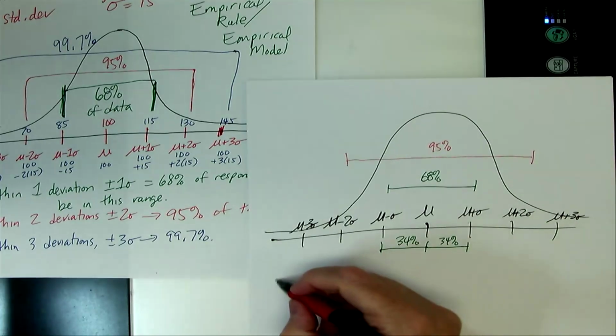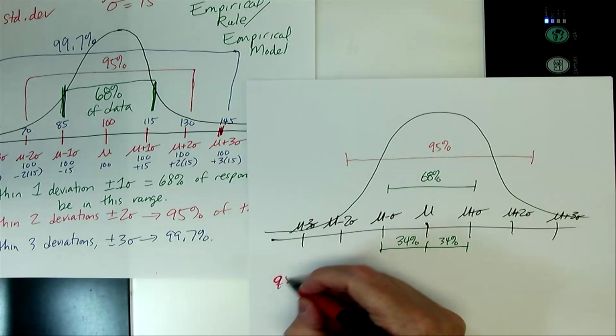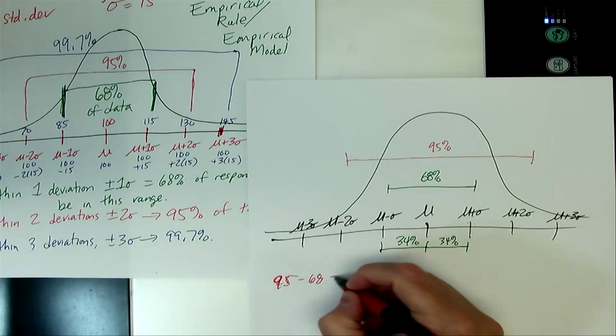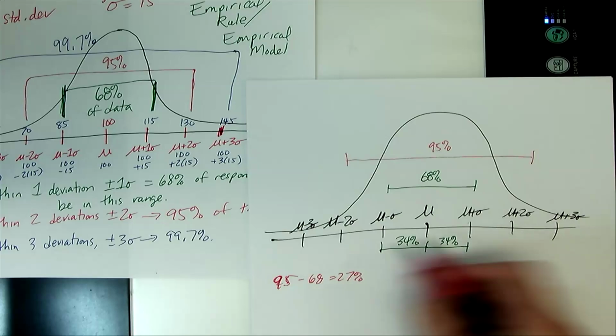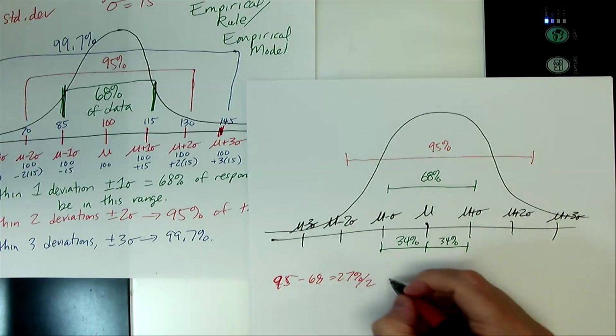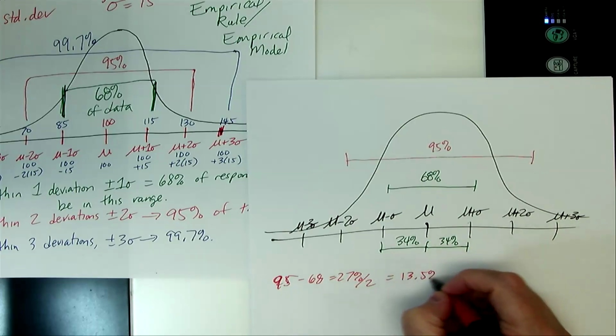The next wider category was 95%. 95 minus 68 leaves 27% to be split up between these two sides. 27 divided by 2 is 13.5%.